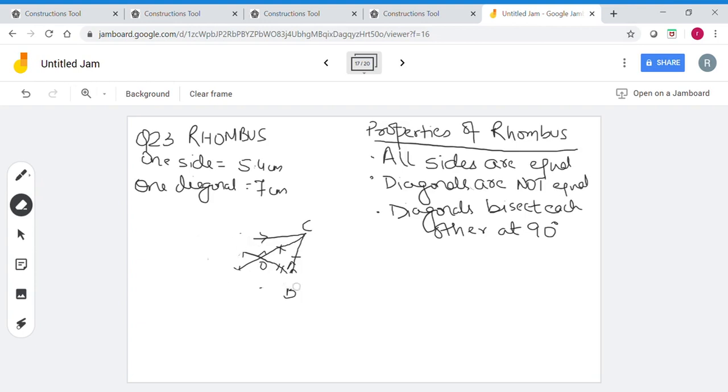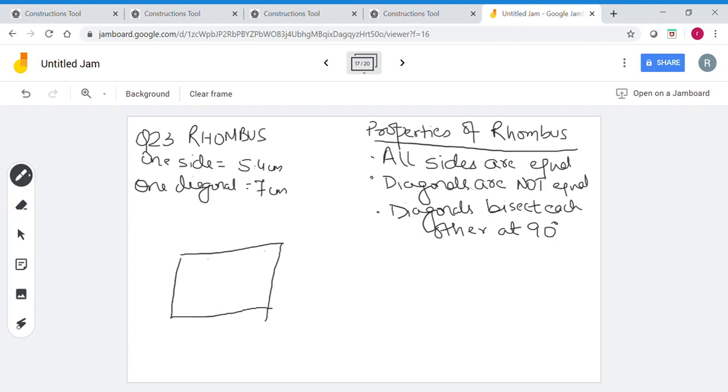rhombus. Let's see what we have in this specific question. So this question says one side is equal to 5.4 centimeter and one diagonal is 7 centimeter. So let's draw a rough diagram. This is almost a rhombus.